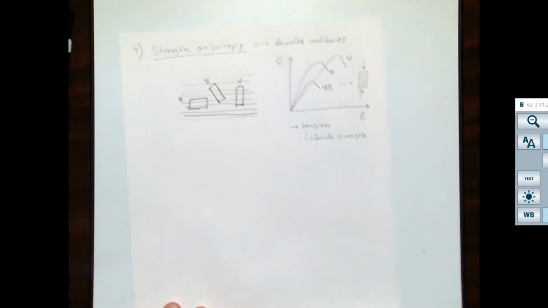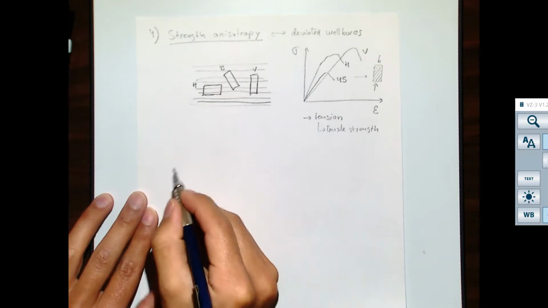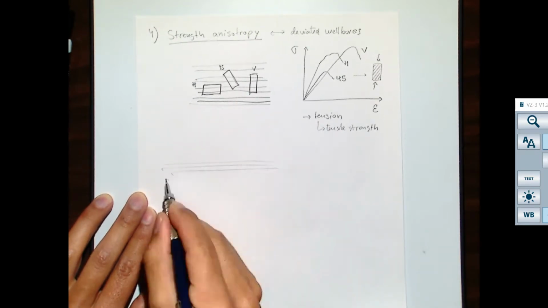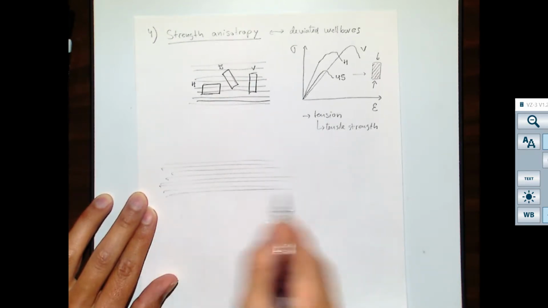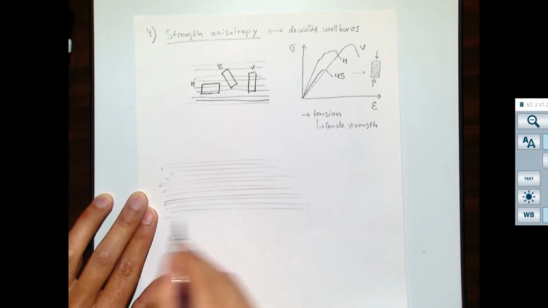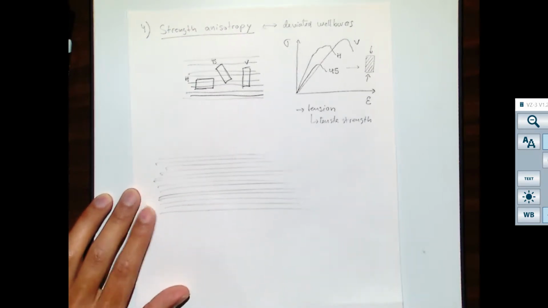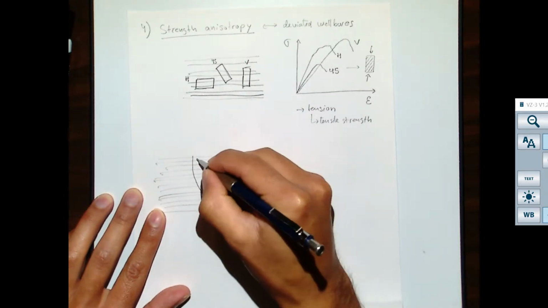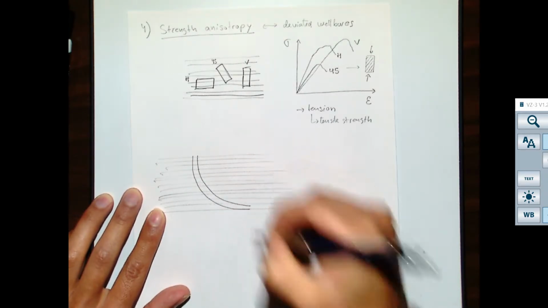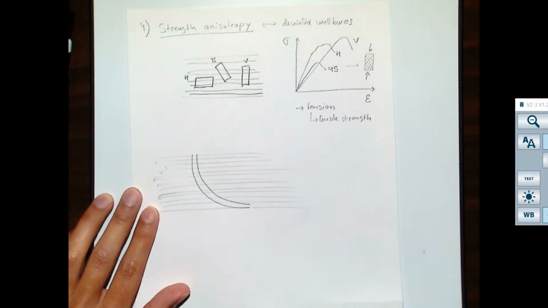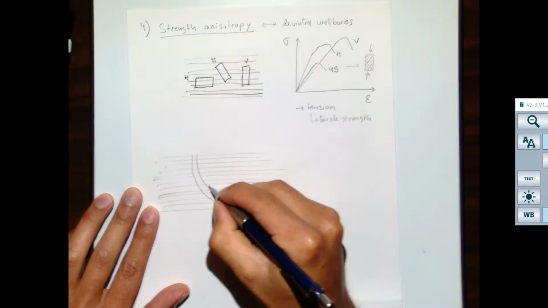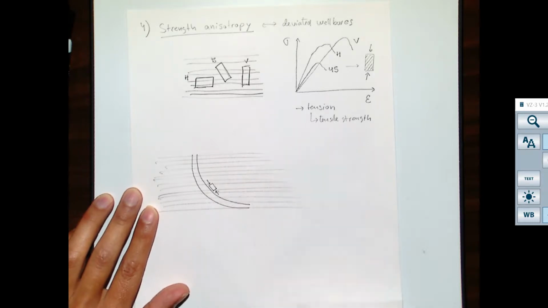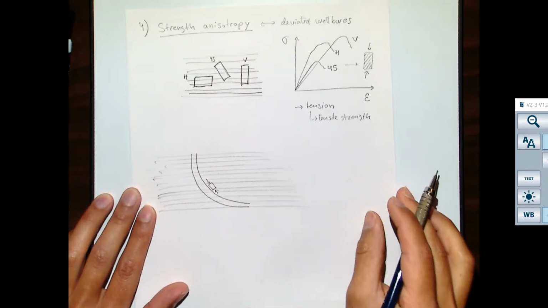So if you are analyzing a deviated wellbore that goes into a laminated rock, and most sedimentary rocks are laminated, some more or less anisotropic, you have to take that into account, and you have to take into account the angle between the direction of loading you expect and the direction of the lamination.